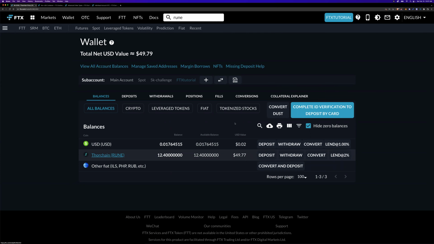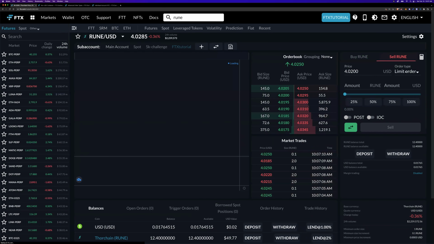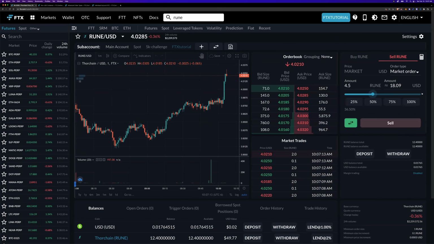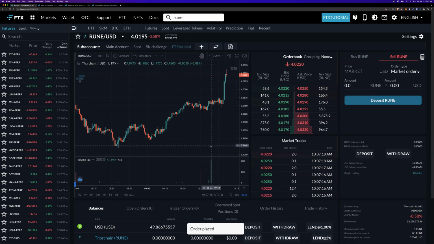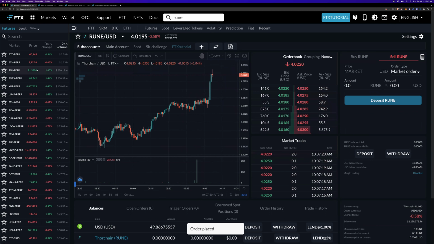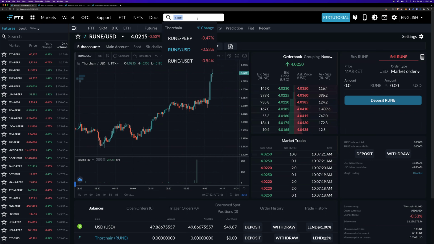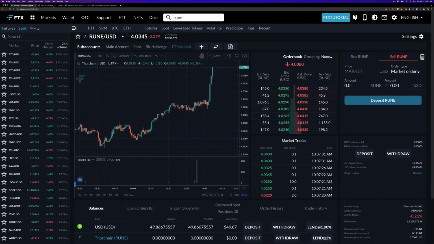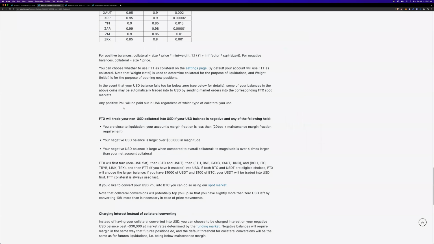Okay. Let me show you exactly what I'm talking about. So let's just sell Rune real quick. Back in the day, Rune actually did not have usage of collateral. It did not let you use Rune itself to collateralize for other positions. Let me see another asset that does not have, let's see.